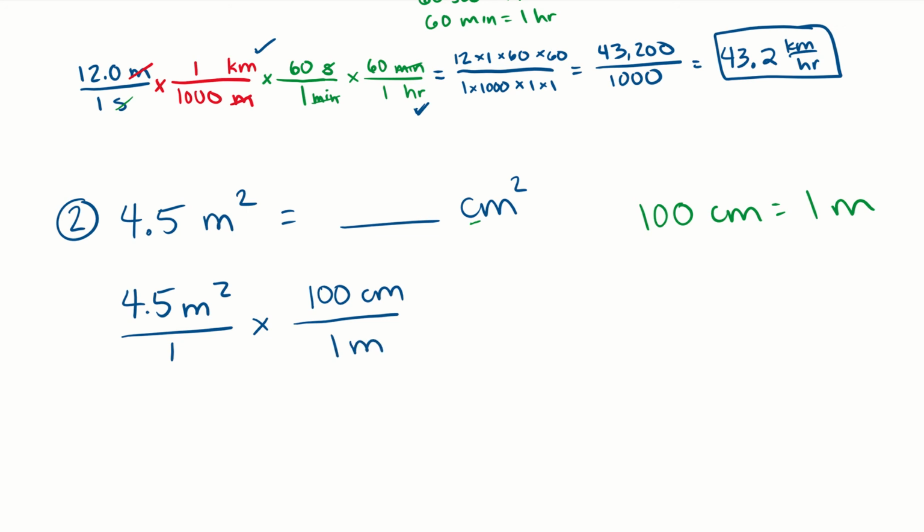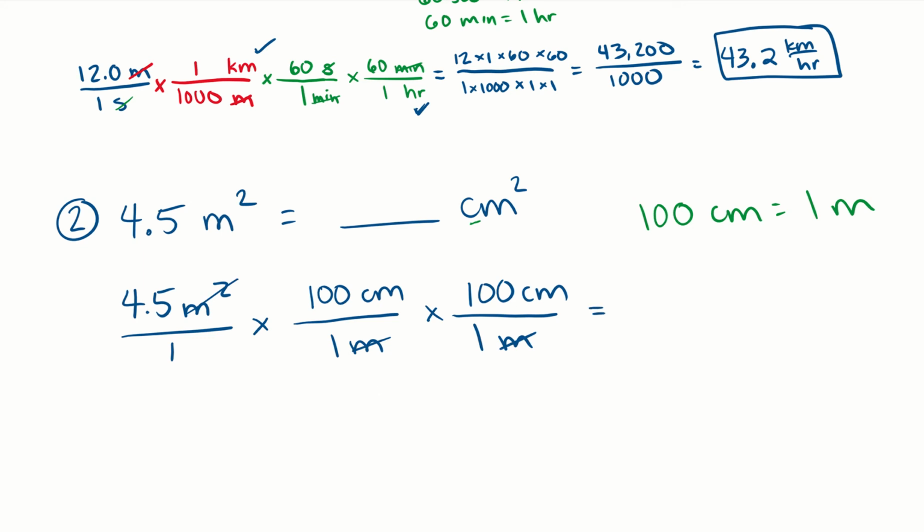But my meters are squared. So if I only do that one time, I'm still going to have meters in my numerator. So I actually need to do this twice. I need to square it. So 100 centimeters over 1 meter again. And now I will cancel both of my meter units, and I'll be left with centimeters squared because I have centimeters times centimeters.